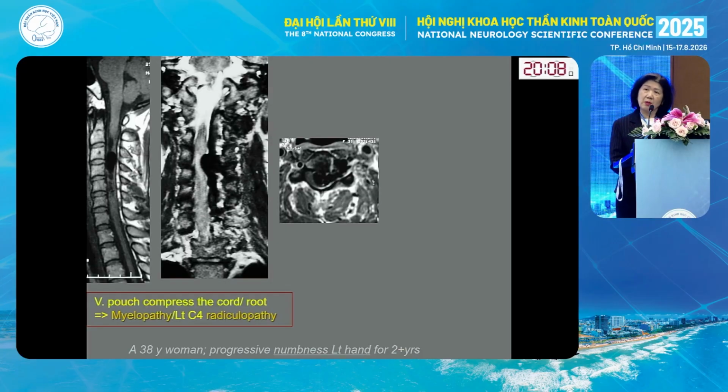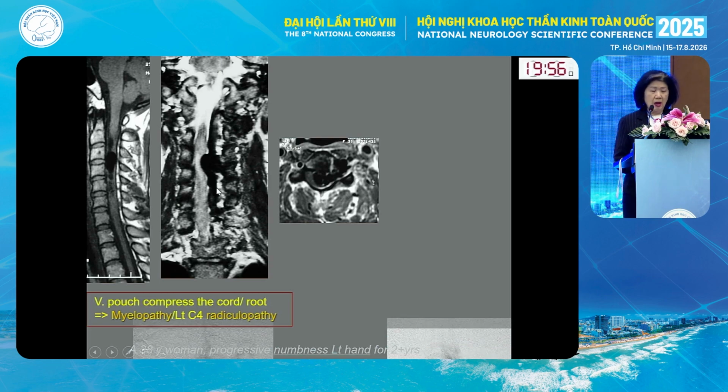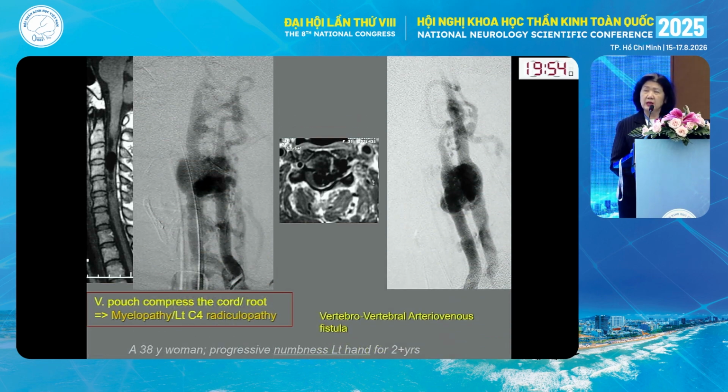So this is an example of the venous pouch compressing the cord. You can see the big venous pouch, and myelopathy was seen there. And if you do an angiogram, this is the lesion called vertebral arteriovenous fistula. It's in the group of paraspinal epidural shunt.